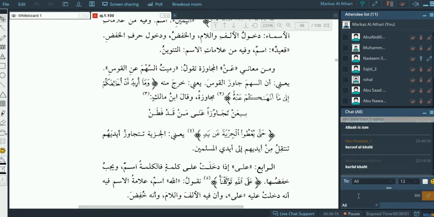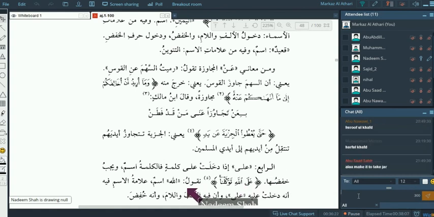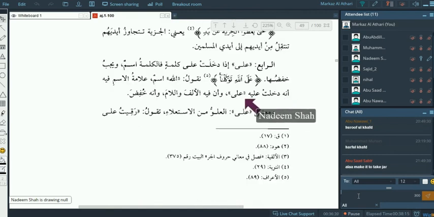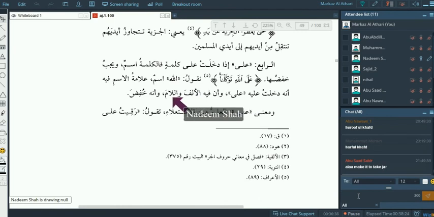Because of the harf al-jar, because of the ala. Ala Allahi tawakkalna. So lafz al-jalala, Allah, is ism, and the sign of this being ism is that على entered upon it.